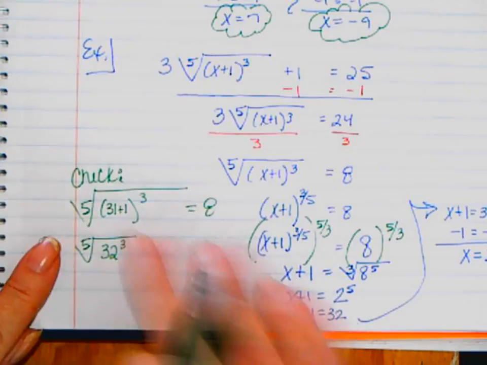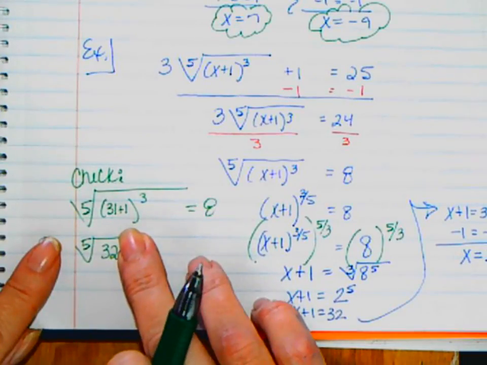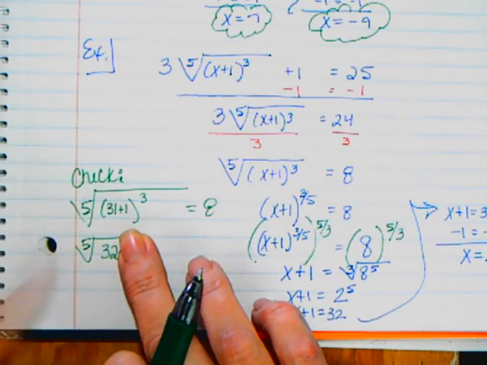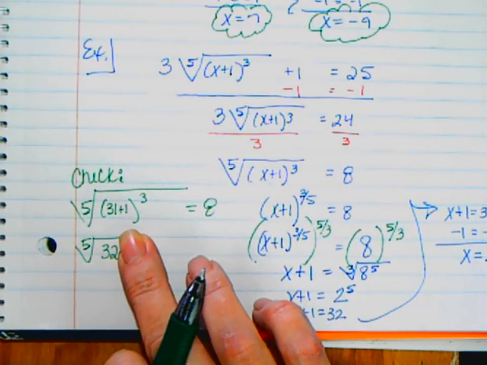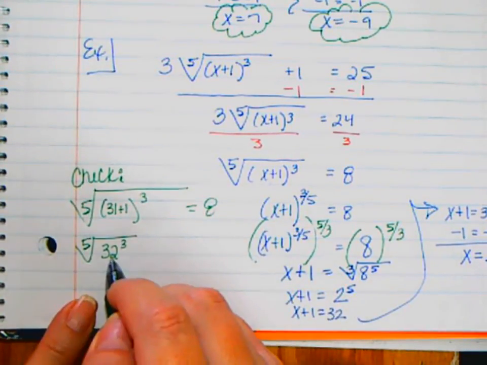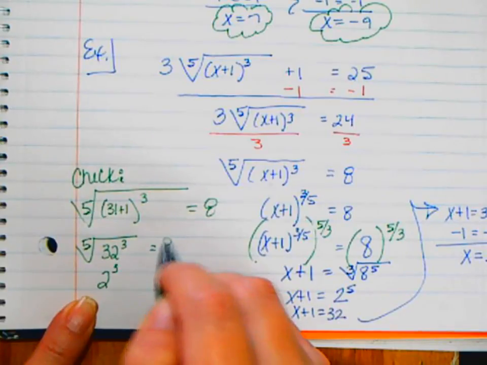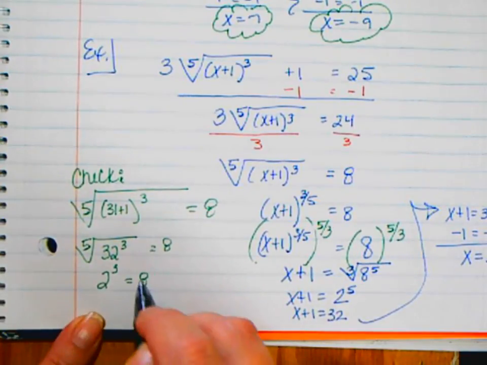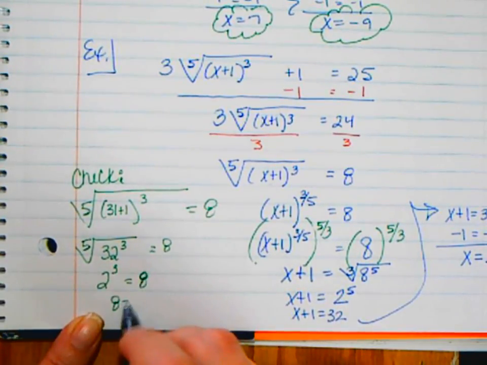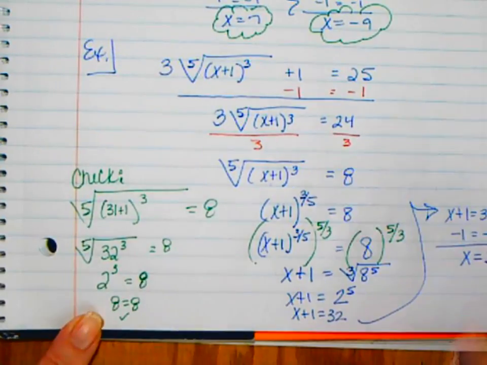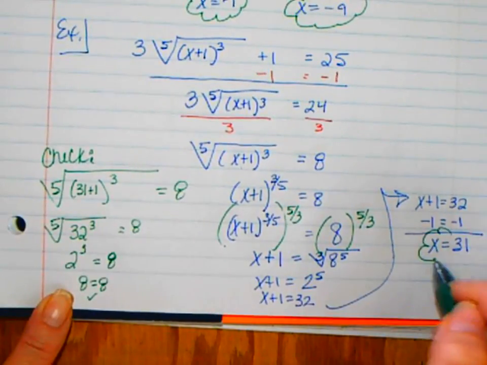So I could do that, or can I take the 5th root of 32? Yeah. What is it? 2, right? We just did it. 2 times 2 is 4, 4 times 2 is 8, 8 times 2 is 16, 16 times 2 is 32. So the 5th root of 32 is 2. And then 2 cubed equals 8. Is that true? Yes. So 8's not my solution. 31 is my solution.